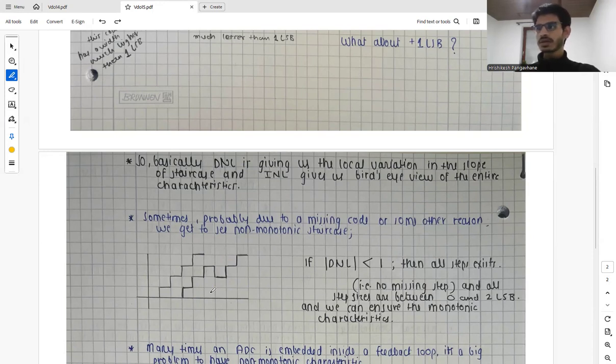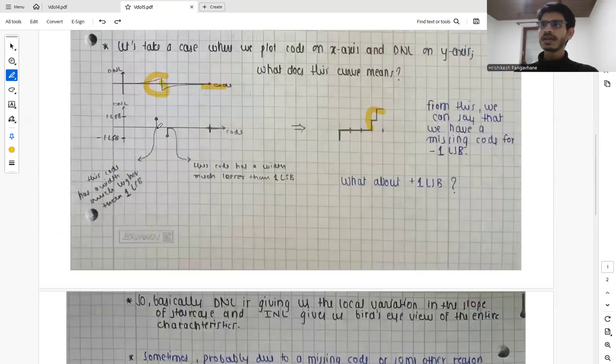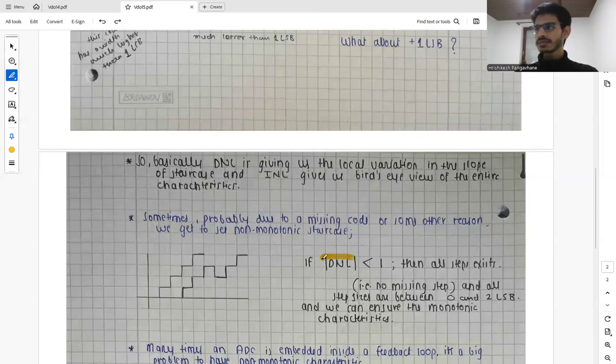So this is a non-monotonic staircase, and if the mod of DNL is less than 1, that is, if DNL is between -1 and 1, this means the same thing. If the mod of DNL is less than 1, then all steps exist, and if all steps exist, there is no missing step.